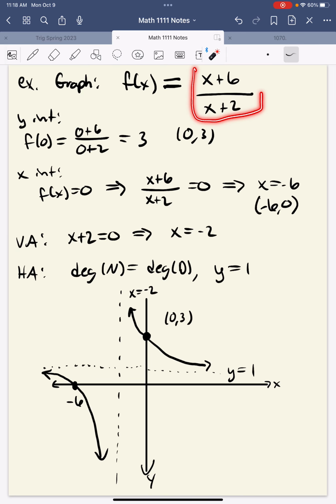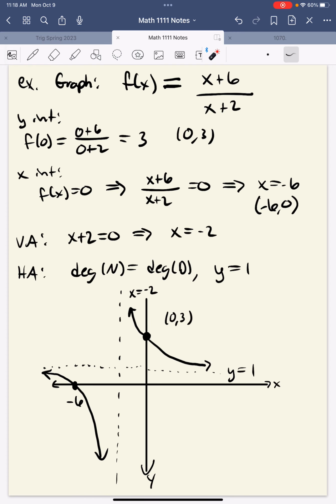On this one, we're going to graph (x plus 6) over (x plus 2). First thing that we want to do is find the y-intercept, so f of 0 gives us 3. And on the x-intercept, provided there is no hole in the graph, that's the same as just setting the numerator equal to 0, so we have x plus 6 in the numerator, so -6 with multiplicity 1. We need to keep that in mind because it will cross the x-axis at -6. So (-6, 0) is the x-intercept.